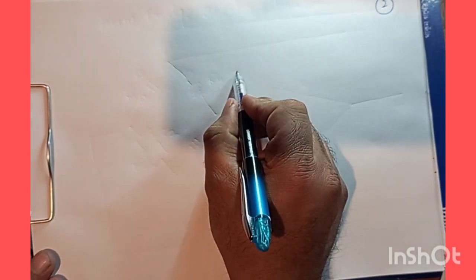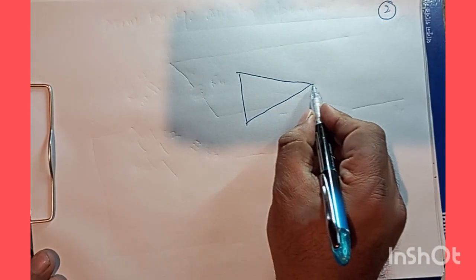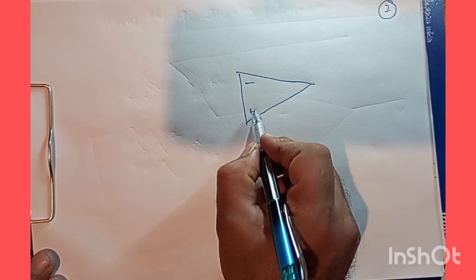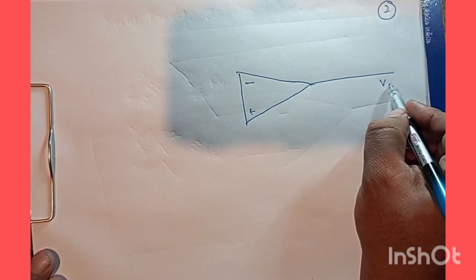We'll go with the operational amplifier like this, and this is the negative terminal, this is the positive terminal, and this is the output.